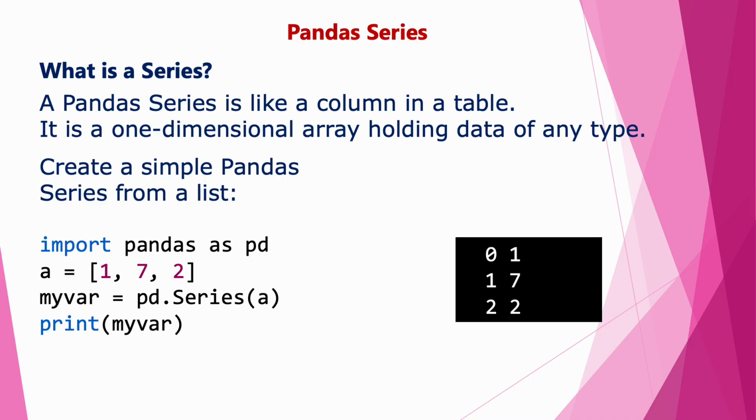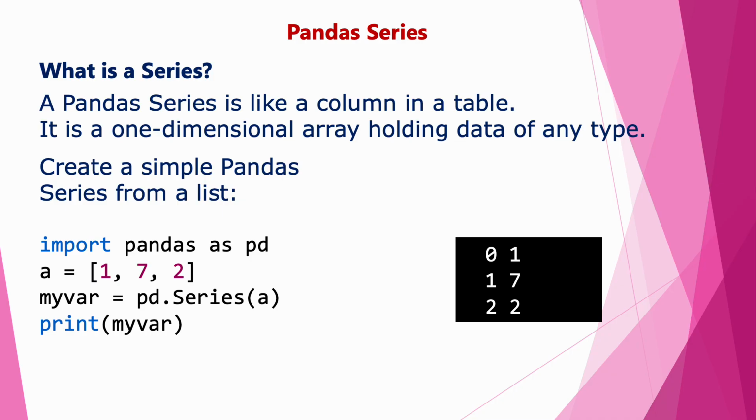Then you are going to create a new array known as a equals 1, 7, 2. The values are being specified. Afterwards, you are going to create a series using an object which is equal to pd.Series or pandas.Series. In the argument, we are going to pass the variable a, which is the array 1, 7, 2.